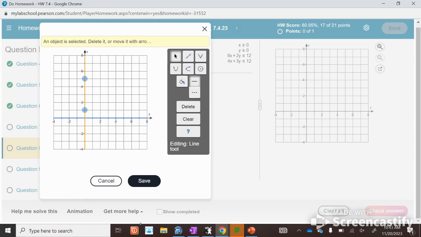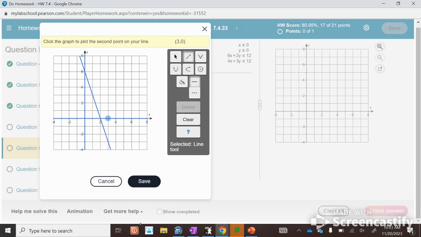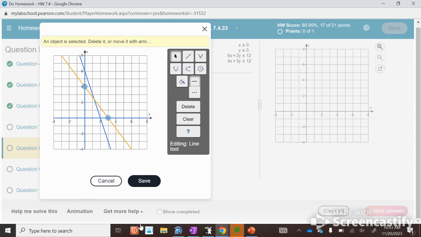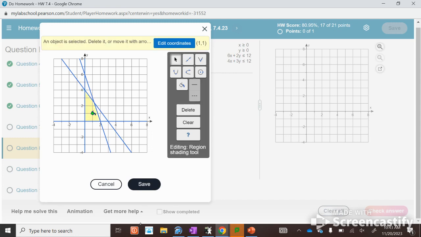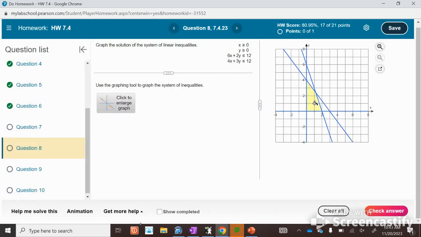I got a line that goes through (2, 0) and (0, 6). And then a line that goes through (3, 0) and (0, 4). And then these two are shaded towards (0, 0). The other two are not, so it should be right in there.